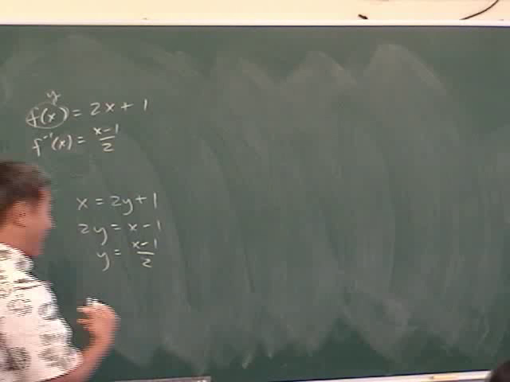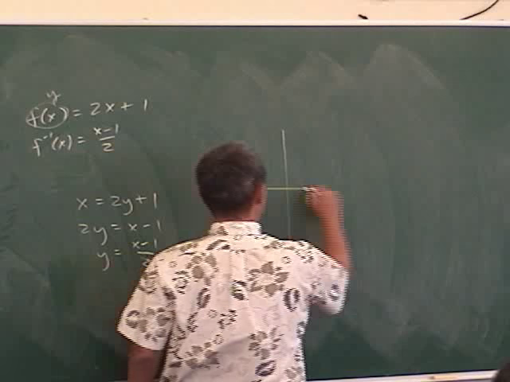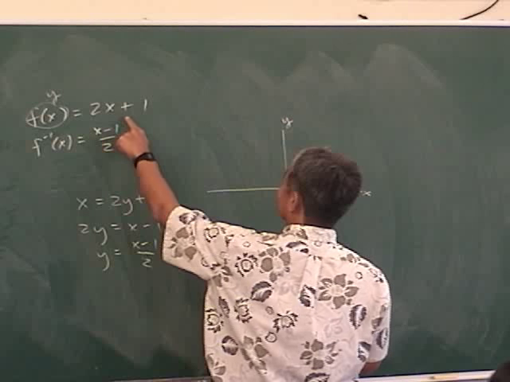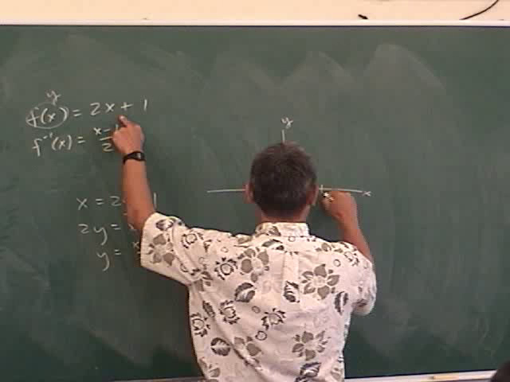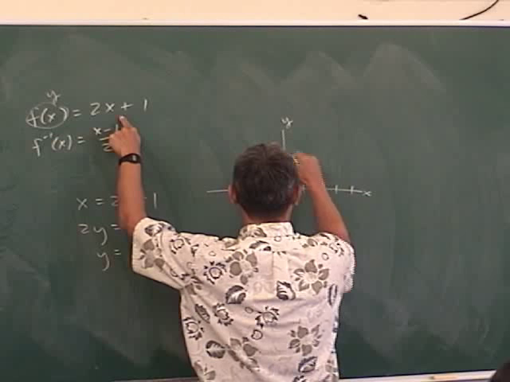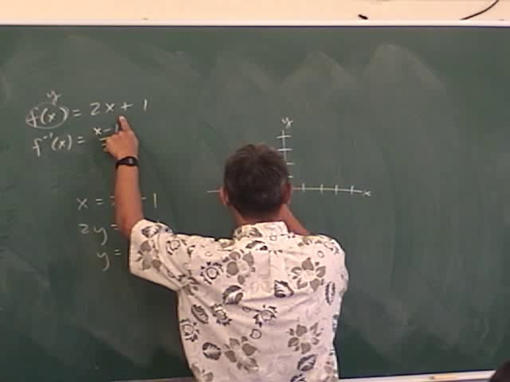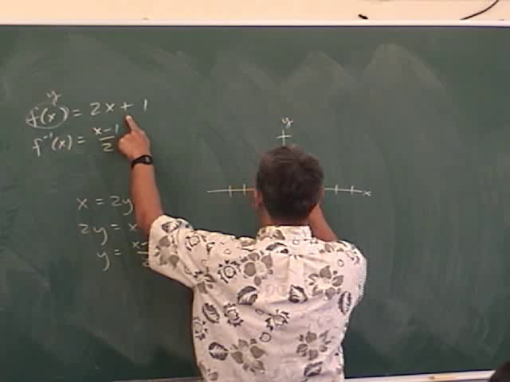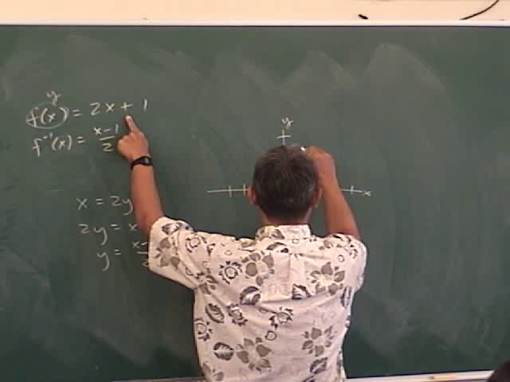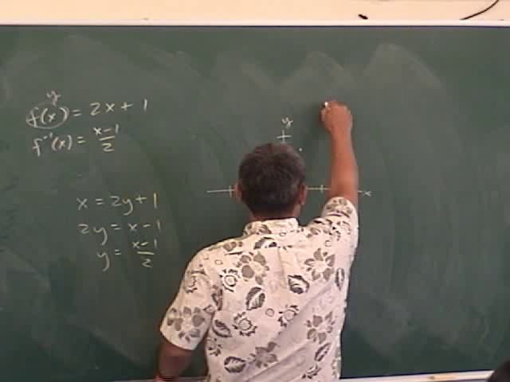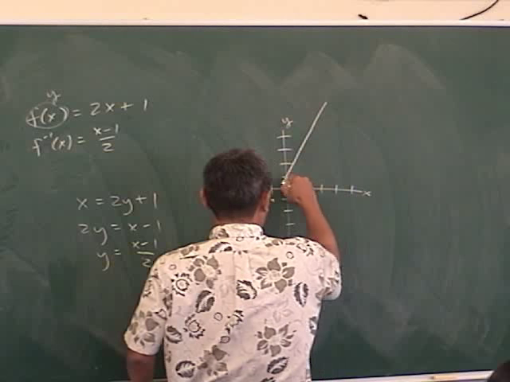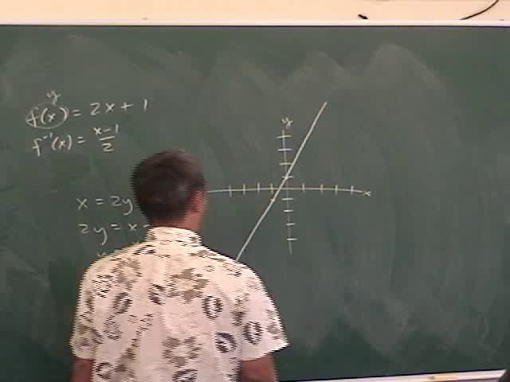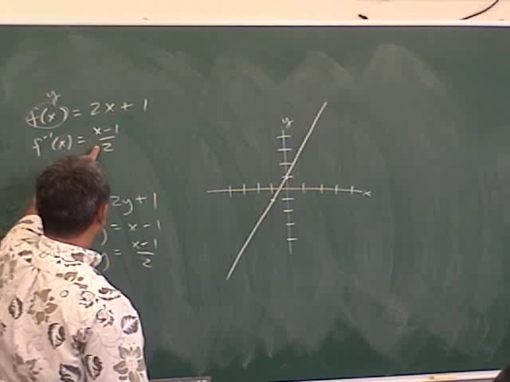We have to learn things about the inverse, so I'm just going to review the things we learned last week. What would happen if you draw this graph? Quick, draw this graph. Y-intercept 1, slope 2. Now draw the inverse graph.